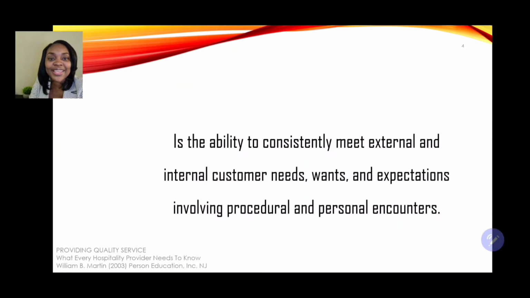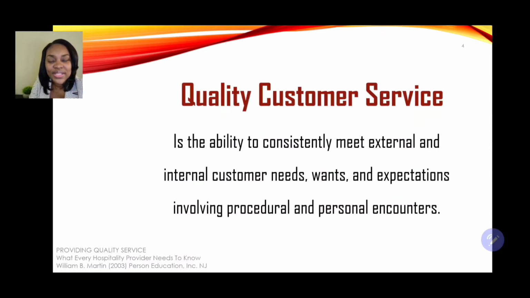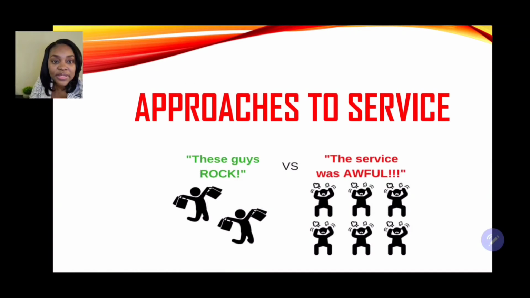All right, let's proceed. Now, quality customer service is the ability to consistently meet external and internal customer needs, wants, and expectations involving procedural and personal encounters. And those 2 key terms, procedural and personal, we'll explore them just a bit. Now, let us look at the approaches to service.